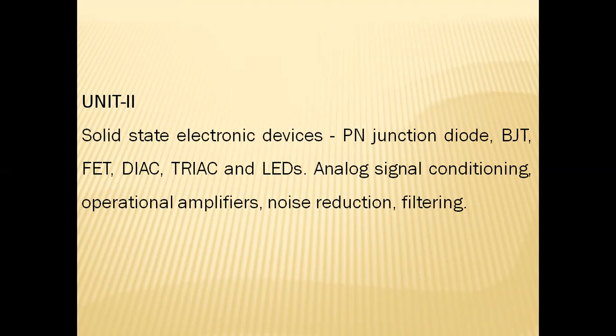Here is the syllabus of unit number 2, that is solid state electronic devices. We'll be having PN junction diodes, able to learn regarding the diodes, and next the transistors, that is bipolar junction transistors.